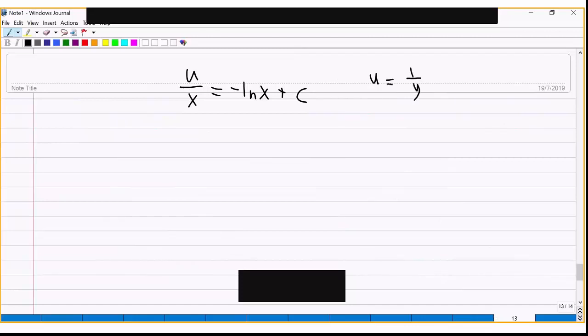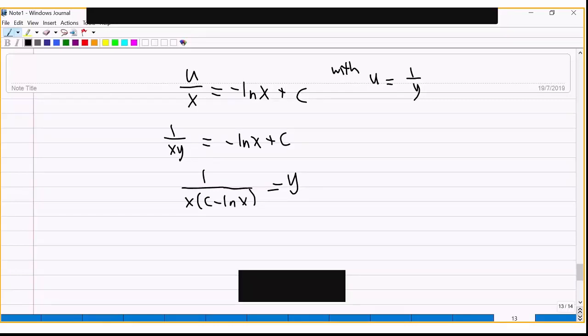This is what we have at the beginning. So using 1 over y, you get 1 over xy equals minus ln x plus c. So what is y now? y is equal to 1 over x times c minus ln x.